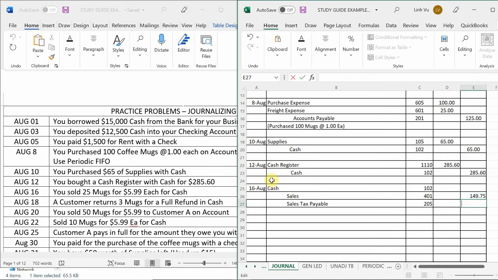So that means how much cash did I gain in total from the sales? $162.10.